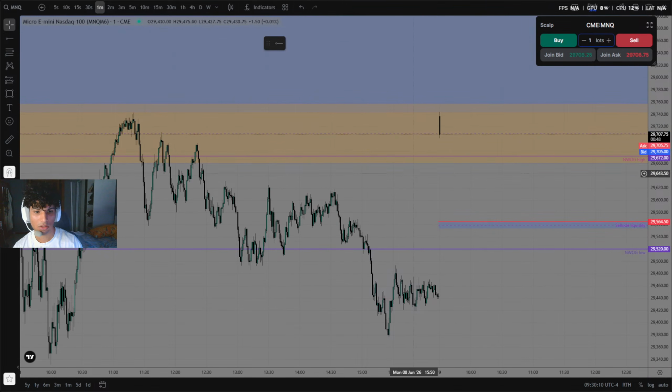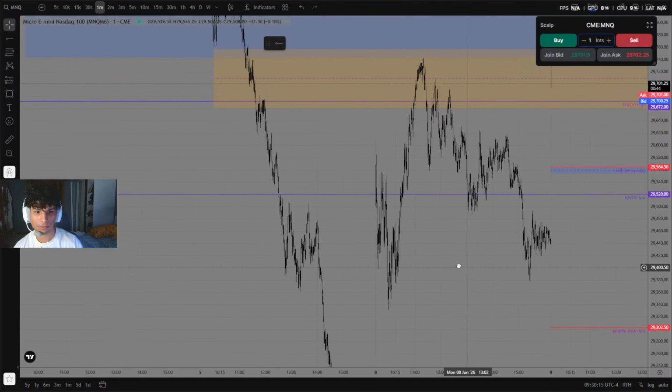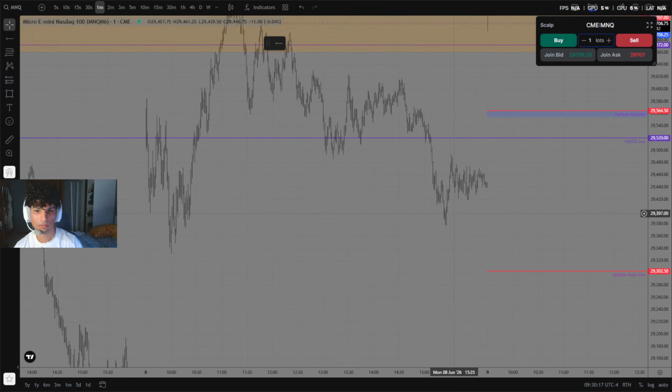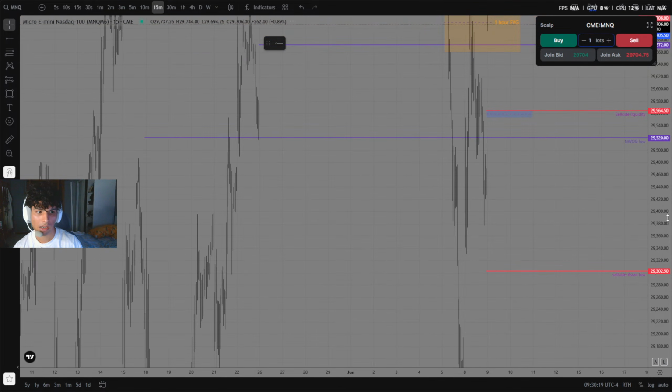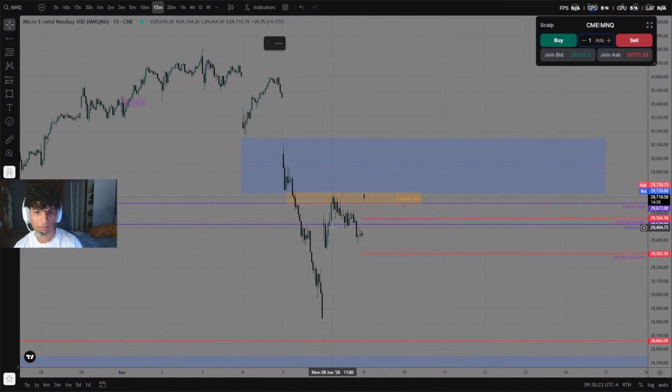This is the opening range gap. There is one that's still unfilled from Thursday, Friday, this one. And this one, I think they're gonna fill it and then try to reverse.